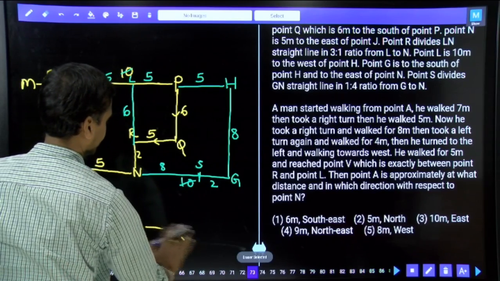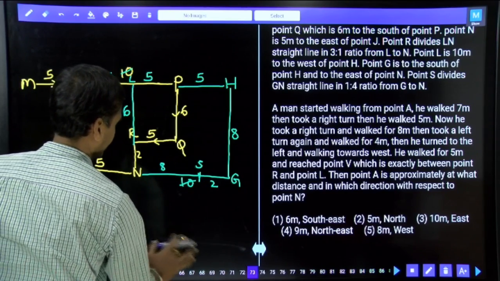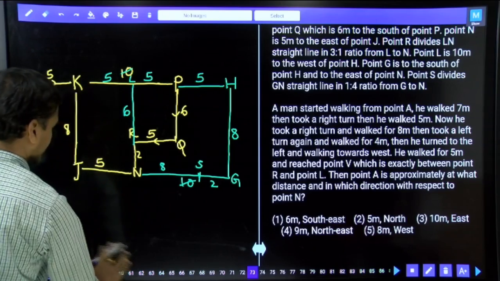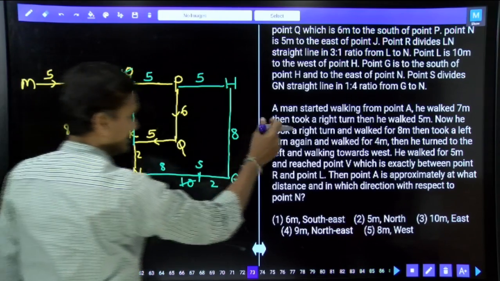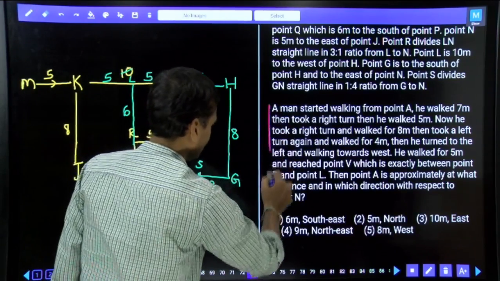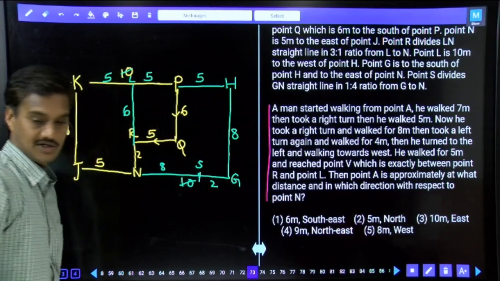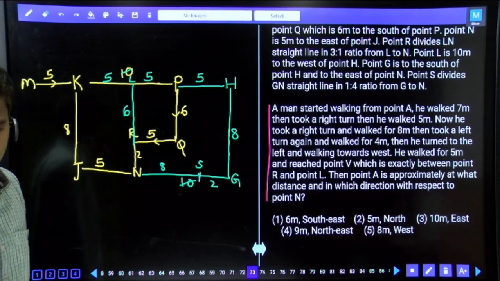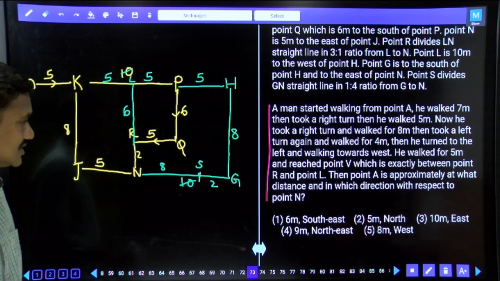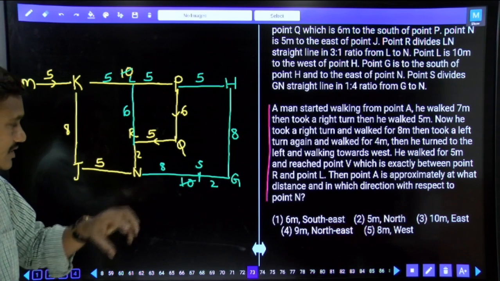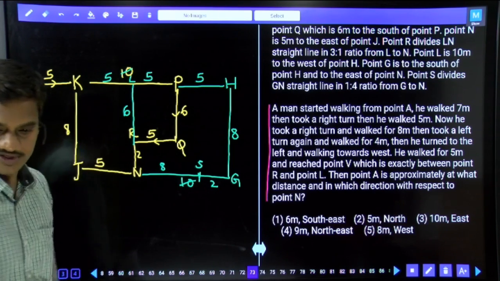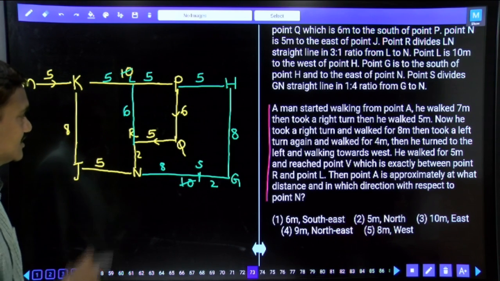A man started walking from where? And these type of questions were a regular feature in your examination, isn't it? Why? Because some outside information will be given. That information should be incorporated into this. Okay, now it comes under that category.